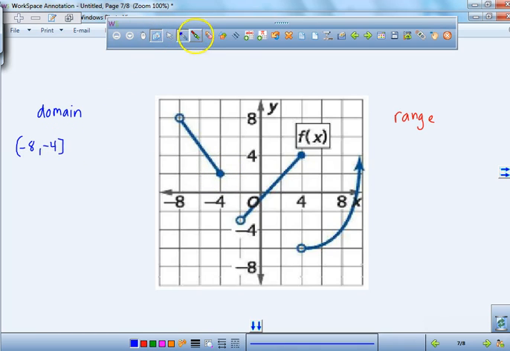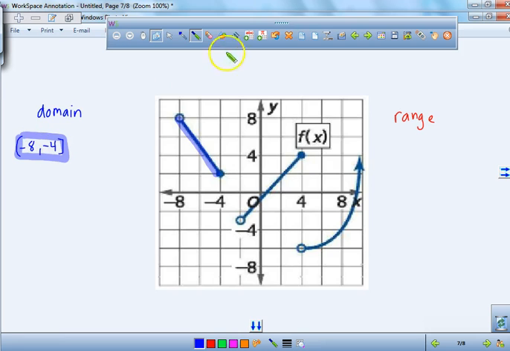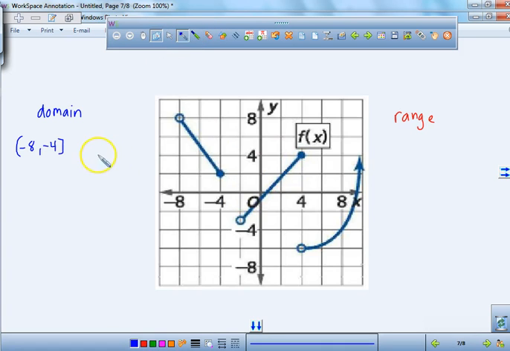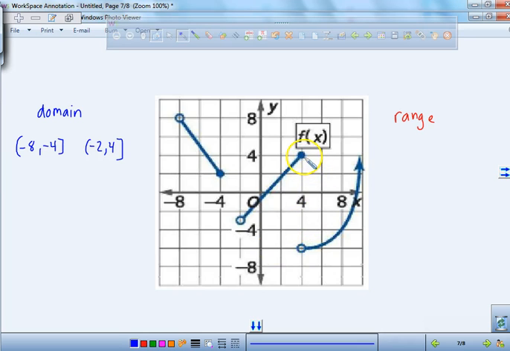So this section right here, everybody, the section that goes from here to here, this is how you would write that section in interval notation. How do I write the next section in interval notation? I'm going from -2 to +4. Okay? And then, since I'm going to +4, it's including +4.